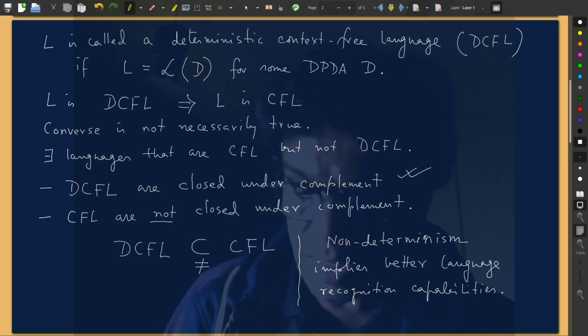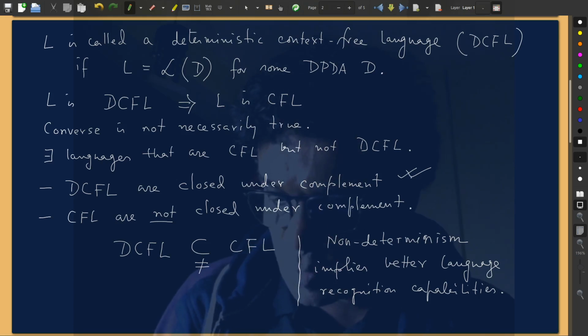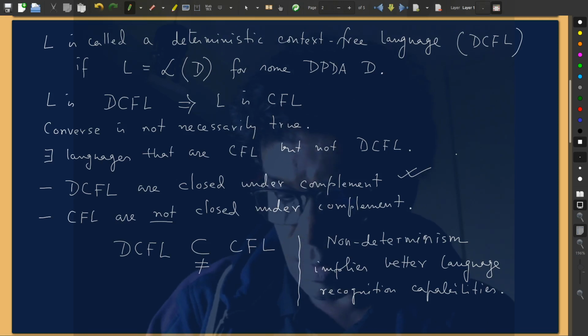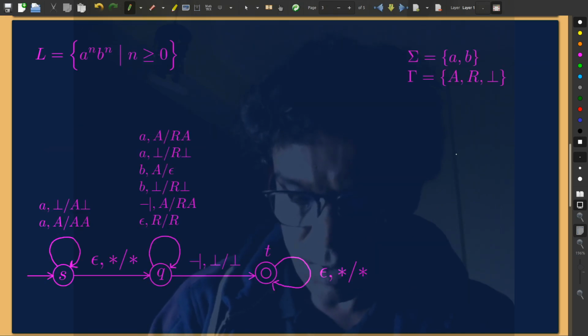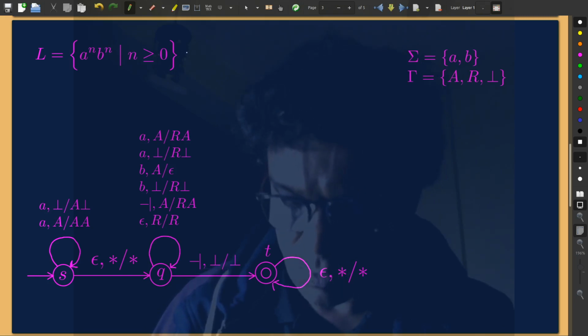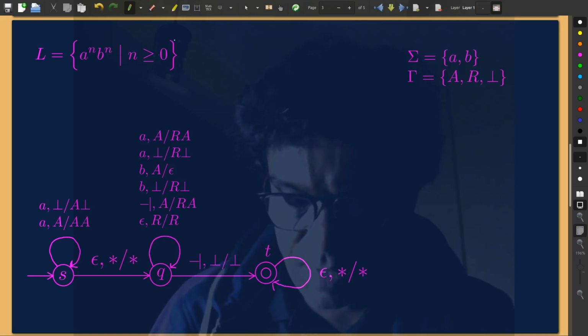Anyway, before proving this, let us see how a deterministic pushdown automaton works. So it is our old language, a power n, b power n, such that n is greater than or equal to 0. We have designed a few non-deterministic PDAs for this.